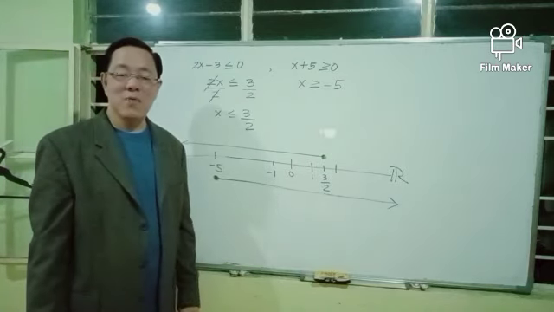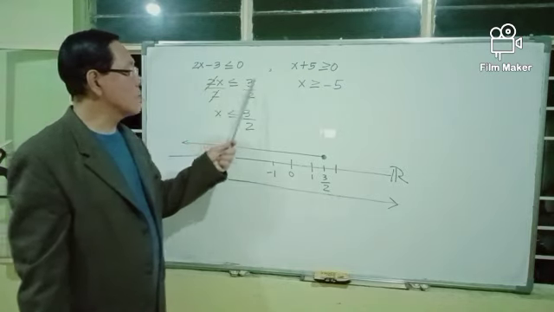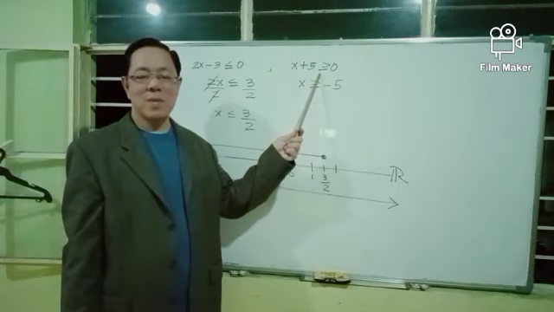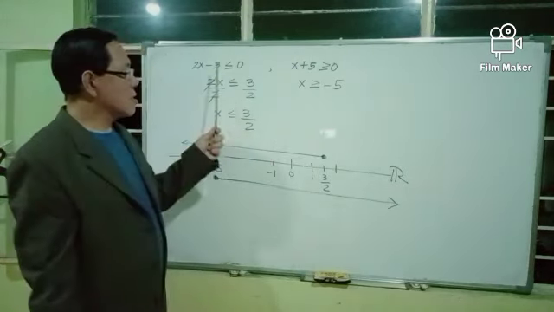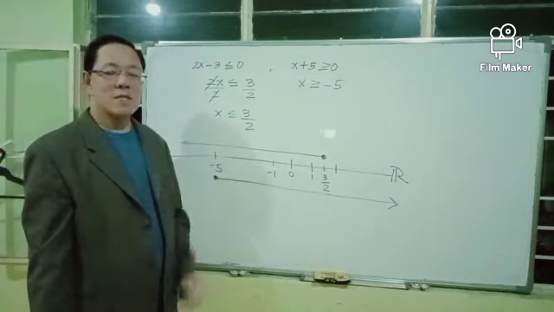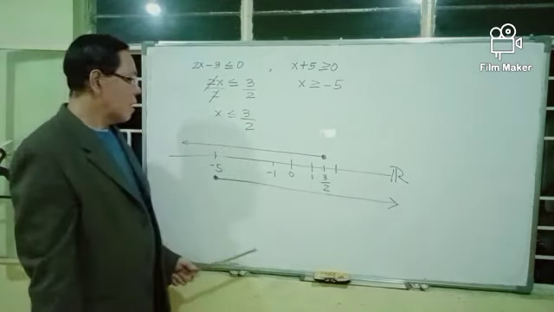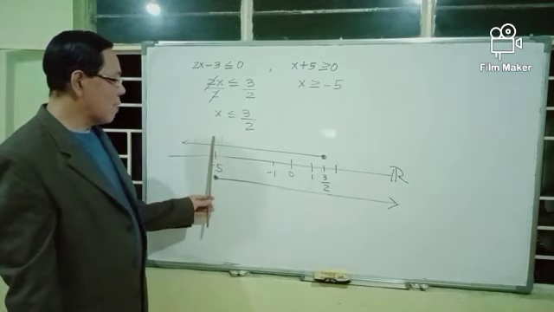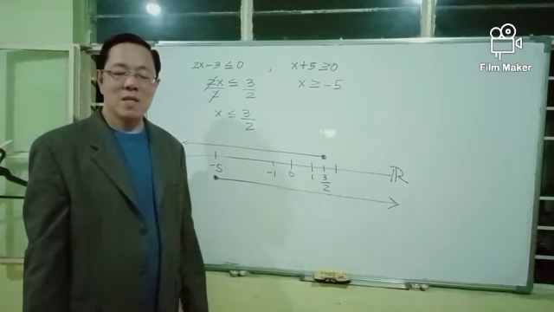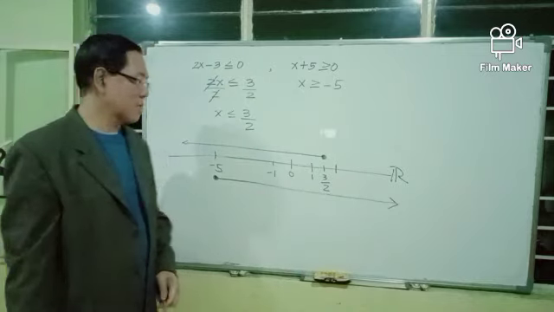Now for the solution of case 1, where 2x minus 3 is less than or equal to 0 and x plus 5 must be greater than or equal to 0. These two inequalities must be satisfied. And those values of x that satisfy both of these linear inequalities are those real numbers that are common to these diagrammatic representations of the solutions of these two linear inequalities.